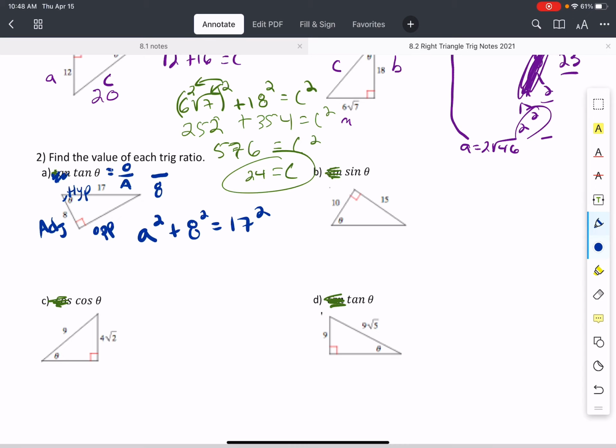So that's not the answer. Oh, yes, the answer is that. Yeah, so far so good. So just square root that. That's right. You're doing great this evening.